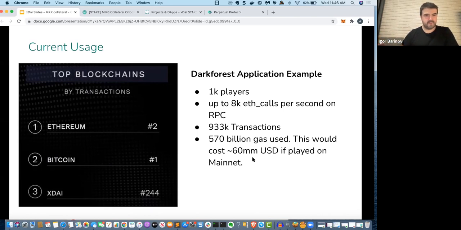So xDAI is serving about 30% of mainnet load served by Infura. So it's a lot of traffic that's going on, and people are using it and playing. And you can search for Dark Forest on Twitter. You will see how excited people are, and all of them are using this form of DAI, right? Which is good for adoption, right?